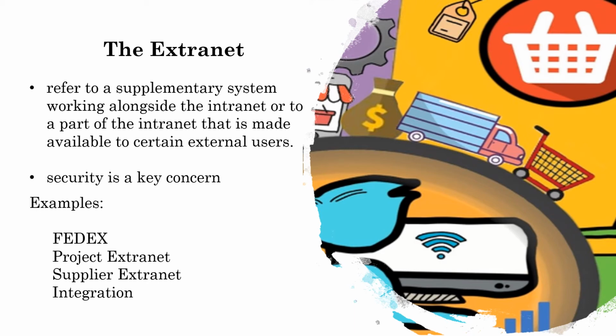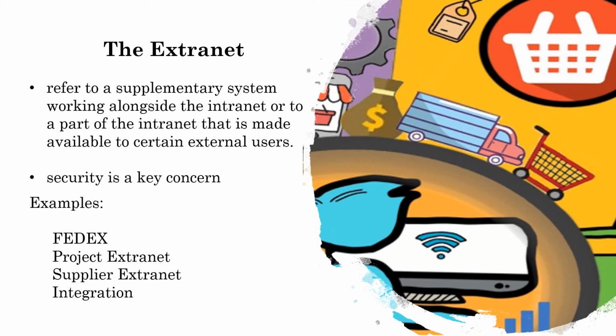So there is what we call security as the key concern. And then we also have to enhance the collaboration and information transfer with the partners in the external network.